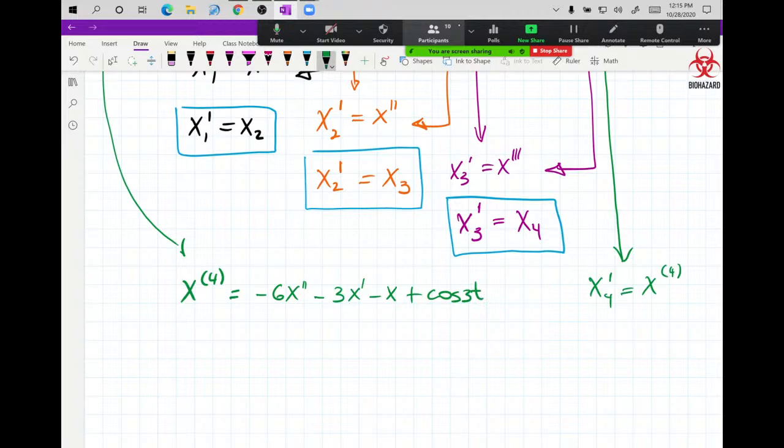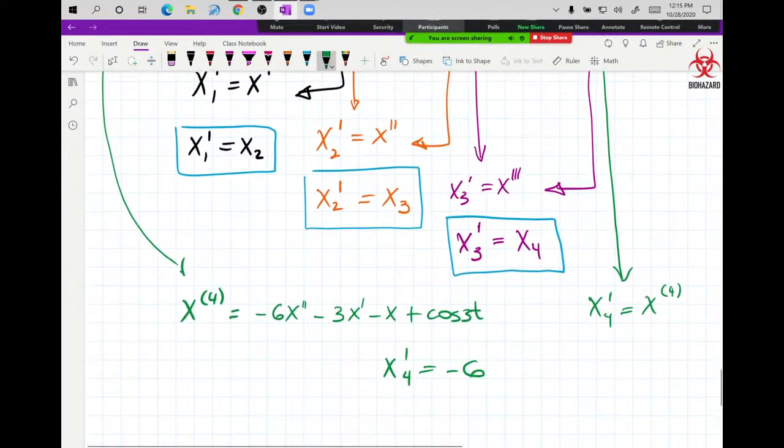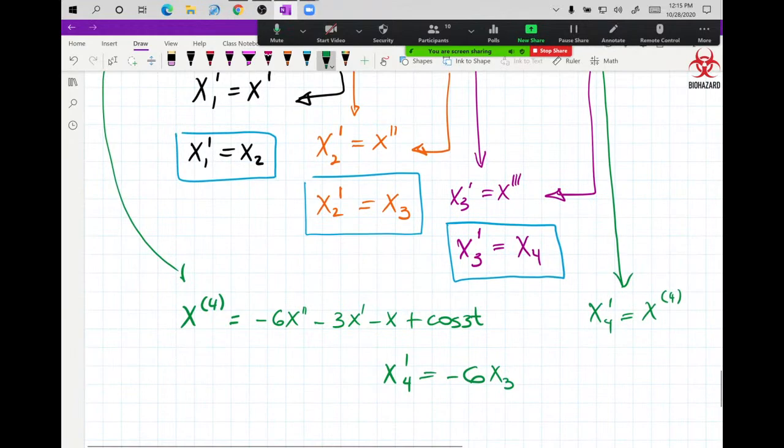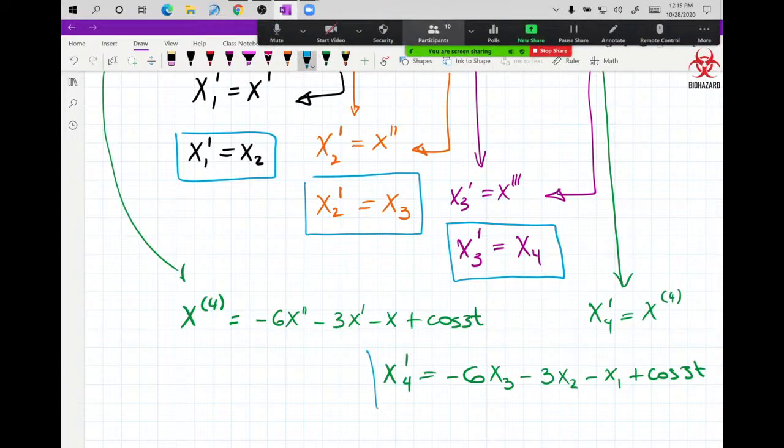That was already on the right and it was positive, so that one doesn't change. And that gives us our x4 prime, which is negative 6 times x double prime. Now, what was x double prime? It was x3 minus 3x2 minus x1 plus cosine 3t. And that's our fourth equation.